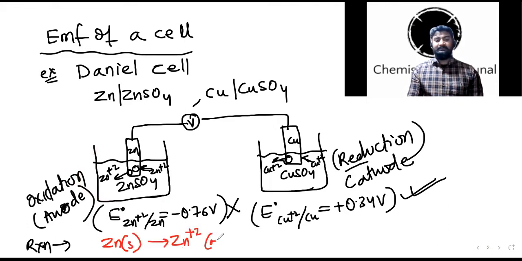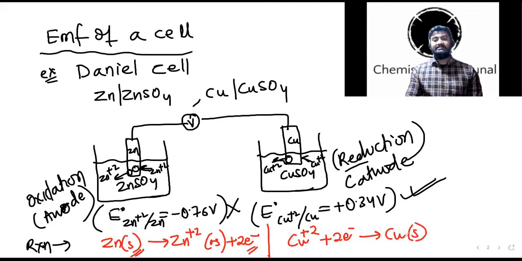Why? Because there is oxidation going on. Because it's anode. Anode has oxidation. Electrons are lost, charge is increasing, oxidation. And here, copper 2 plus is gaining 2 electrons to become copper. So here the charge is decreasing, plus 2 to 0. It's called reduction, correct?